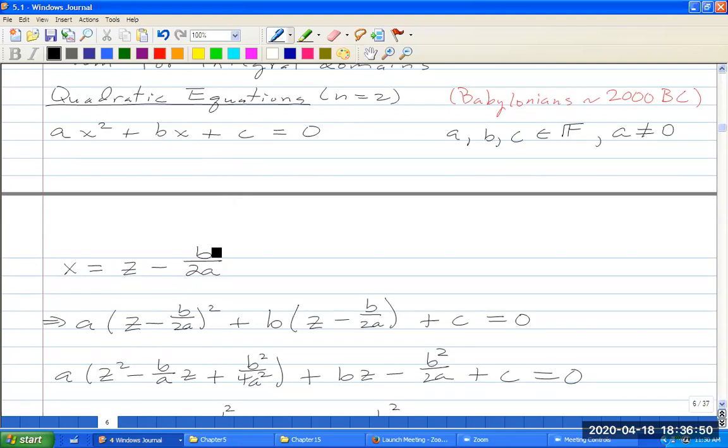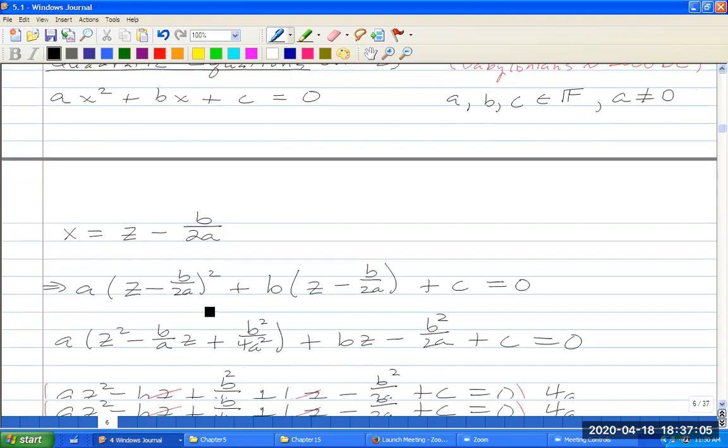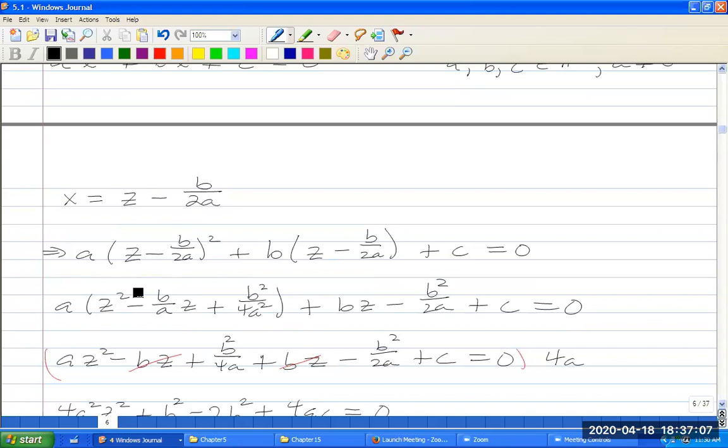Let z equal x plus b over 2a, so I replace x by z minus b over 2a. So I just get a times z squared minus b over a z, the 2's will cancel, plus b squared over 4a squared, plus b times z minus b over 2a, plus c equals 0.